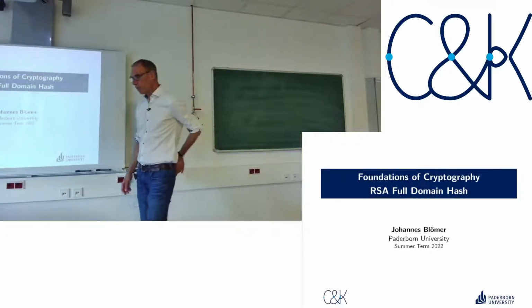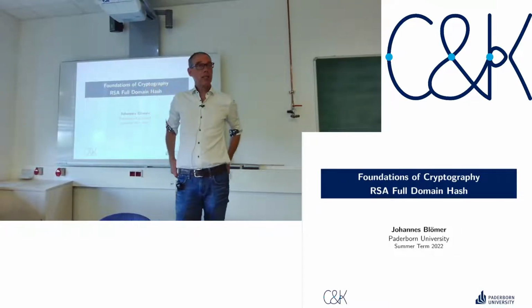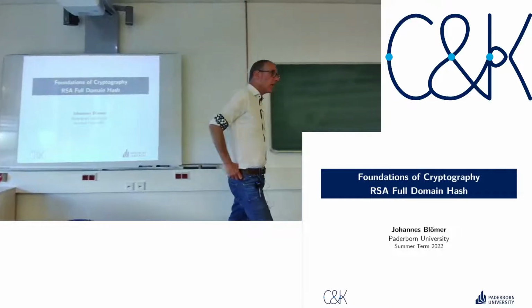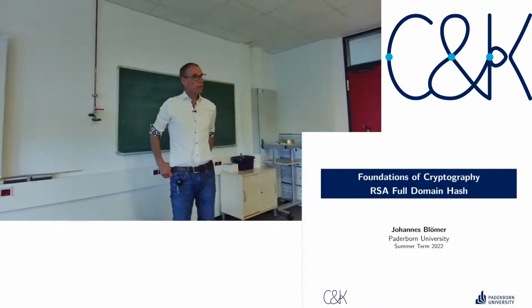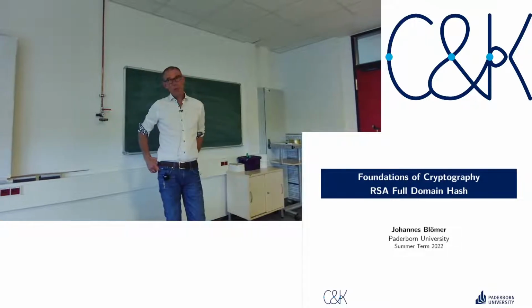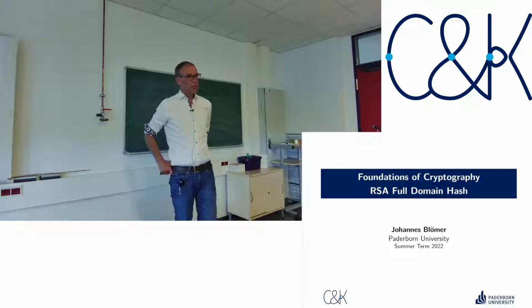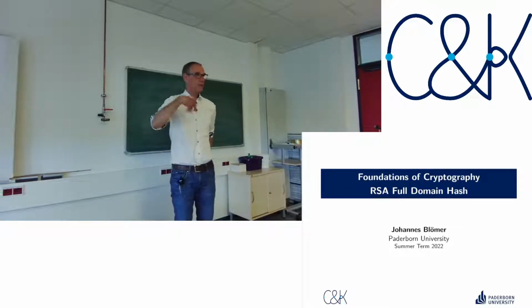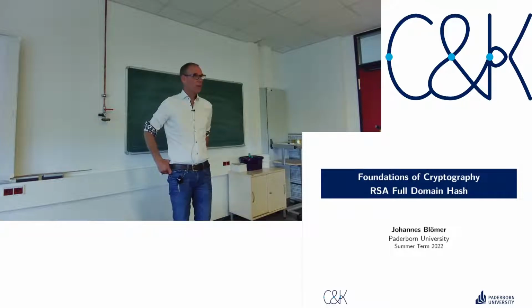In today's lecture, we will see one argument for how we can combine RSA with hash functions to provide secure signature schemes. However, we cannot use our results from last week, which showed that once we have a secure digital signature scheme, we can combine it with a collision-resistant hash function to achieve a secure digital signature scheme, because RSA is not secure.